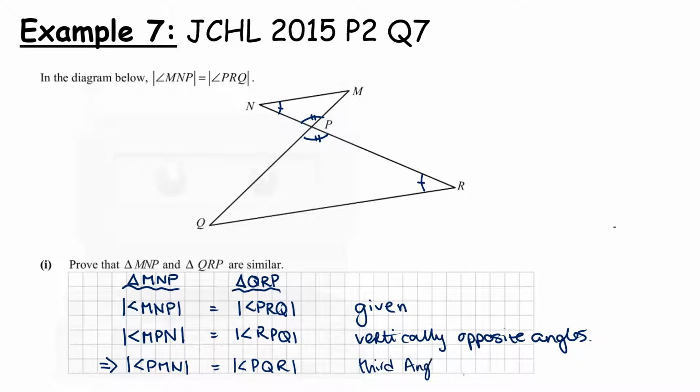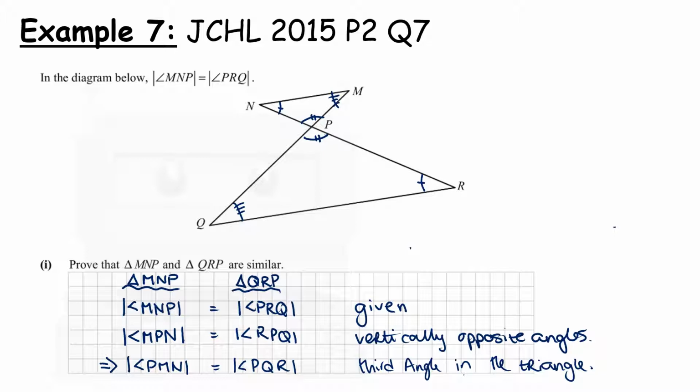All triangles must add up to 180 degrees, so if you have two angles the same and they both add up to 180 degrees, by that logic the third angle must also be the same.